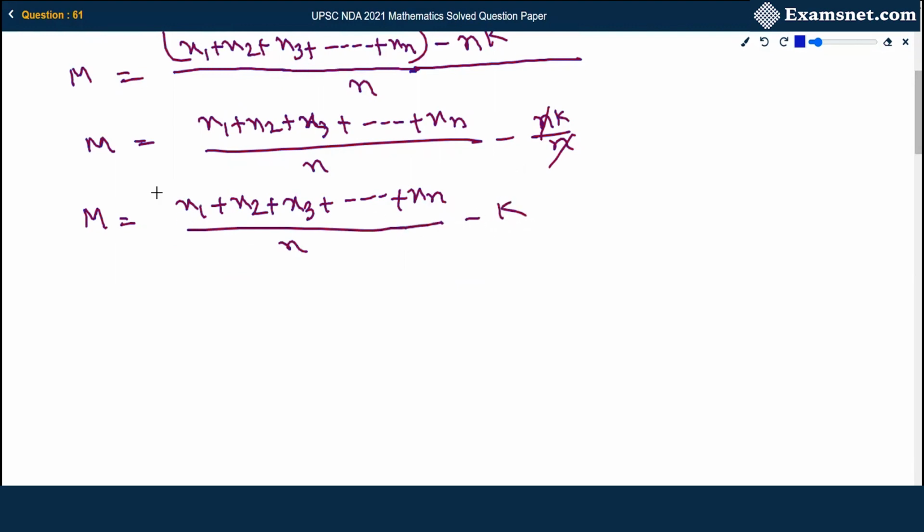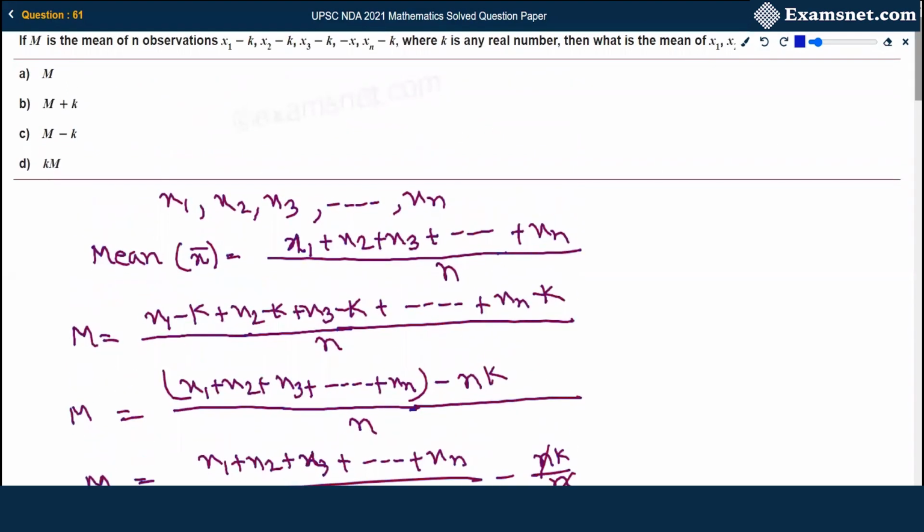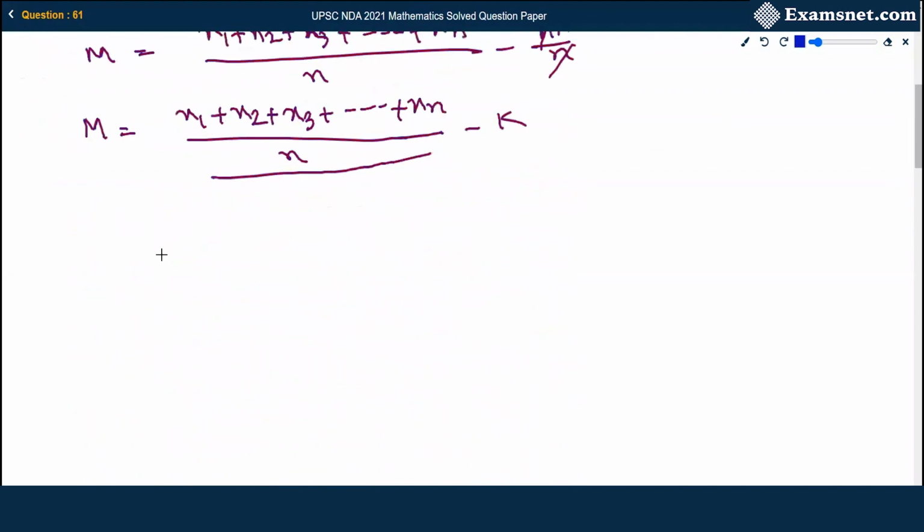Now this expression matches the expression of the mean. Here also we are required to find the mean, correct? So in place of x1 plus x2 plus x3 plus up to xn by n, we can write x bar, because by x bar we denote the mean.